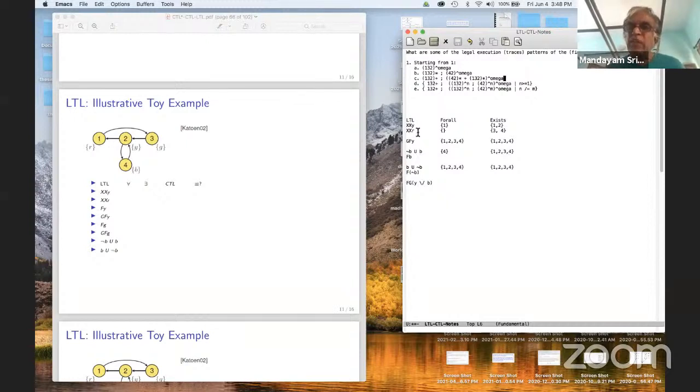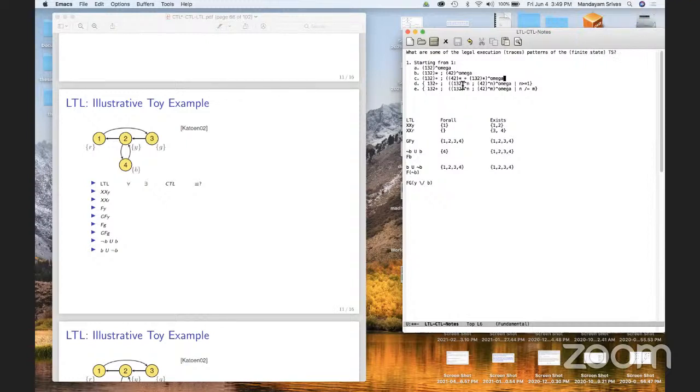So in LTL and the temporal logic that I'm introducing, you cannot have formulas that only constrain the traces generated by your transition system to be of this kind, okay?